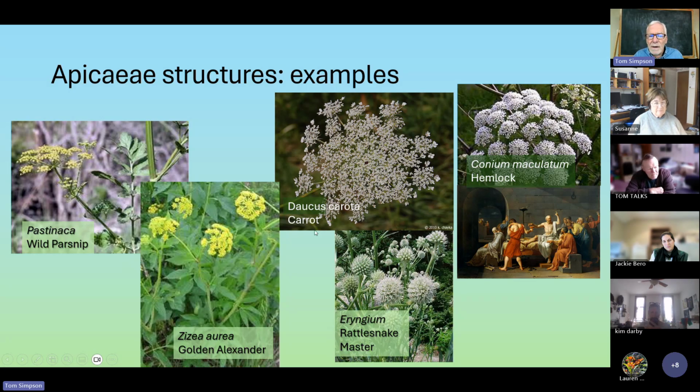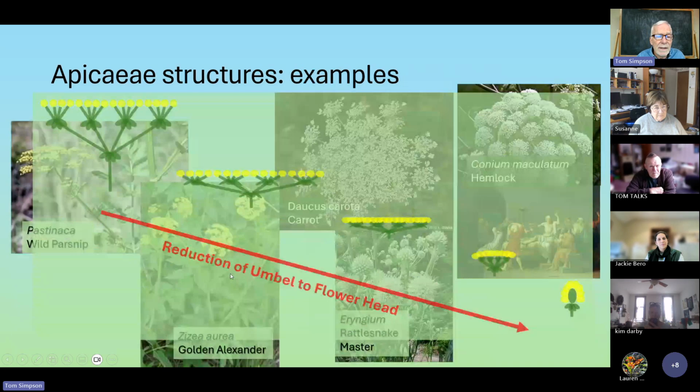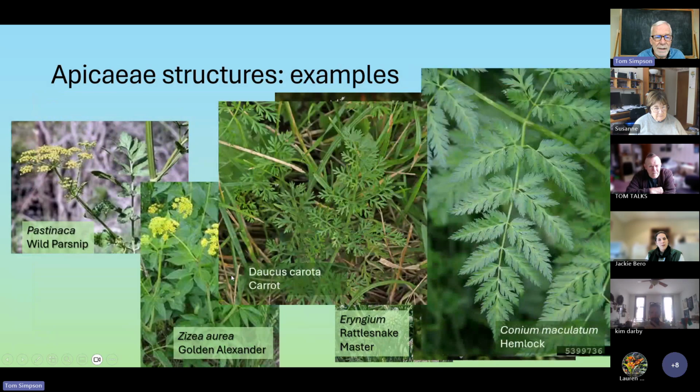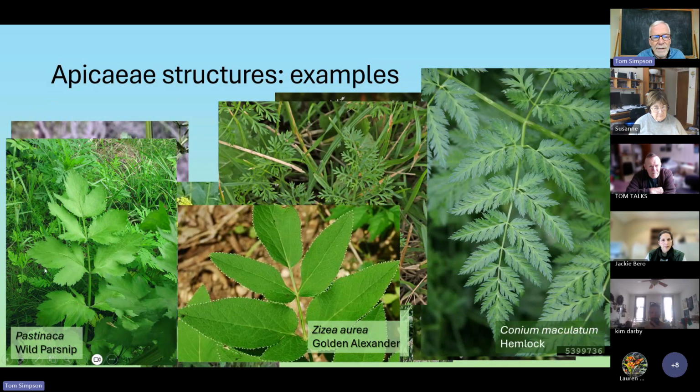On the other side, we've got wild parsnip and golden Alexander, the flowers of which look surprisingly similar. So really, the leaves, I'm going to go past that to these leaves here. These leaves are really the best way to tell those two apart.